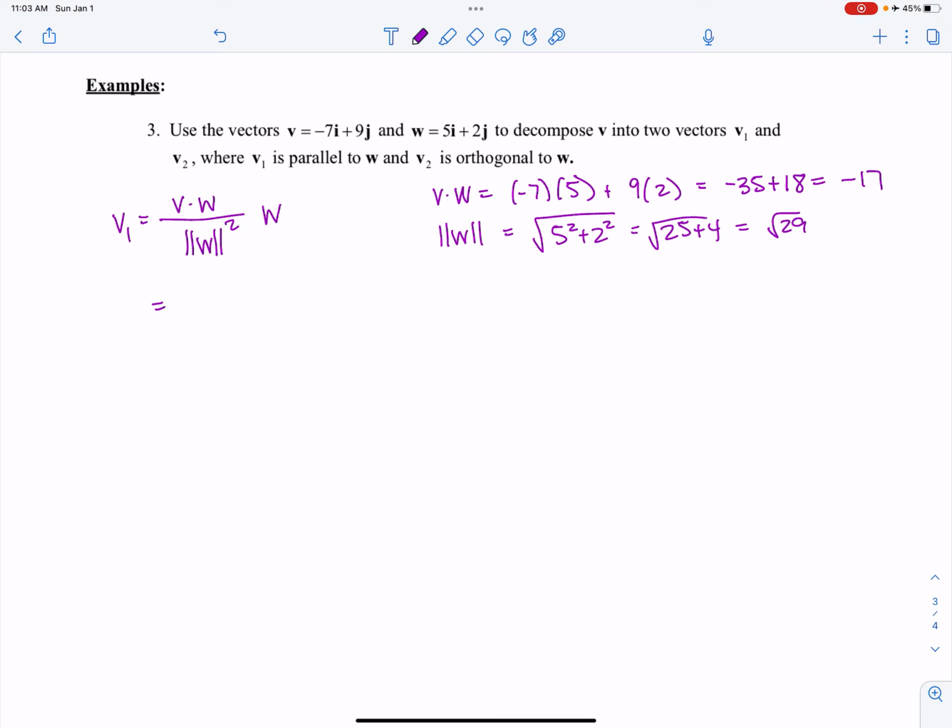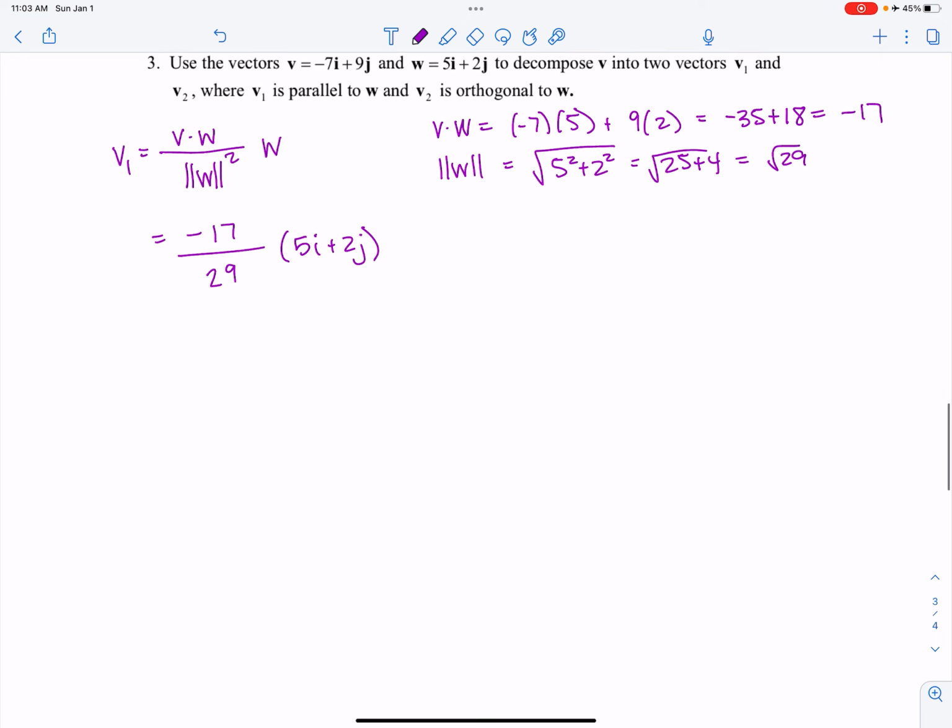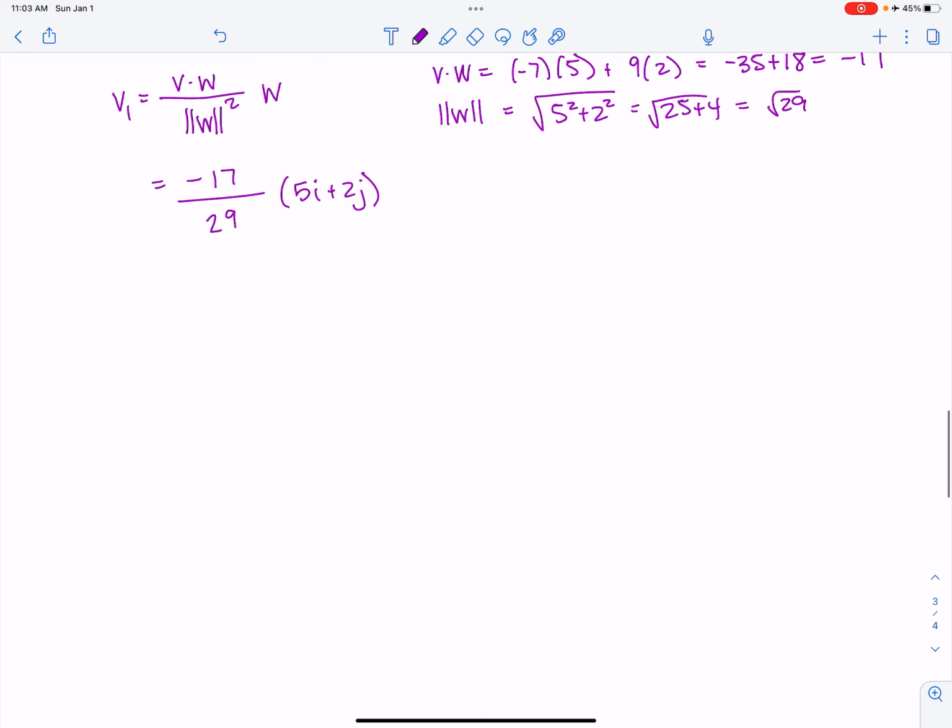So v dot w is -17. Magnitude of w squared just gives us 29 because it was root 29, but we're squaring it. And w is 5i plus 2j. So if we multiply this out, -17 over 29 times 5 gives us -85 over 29.